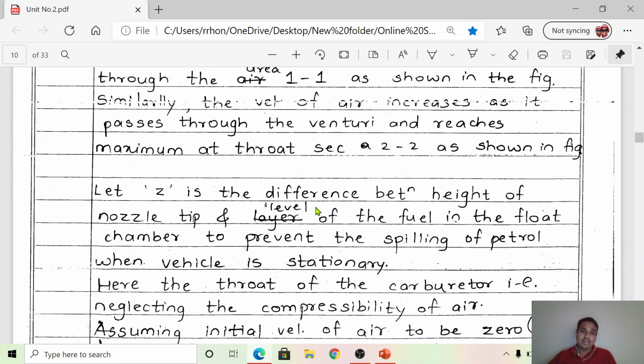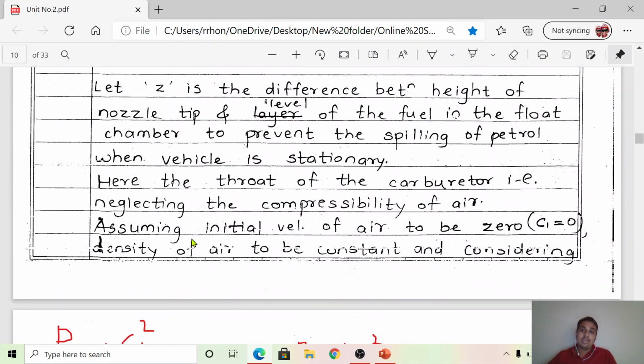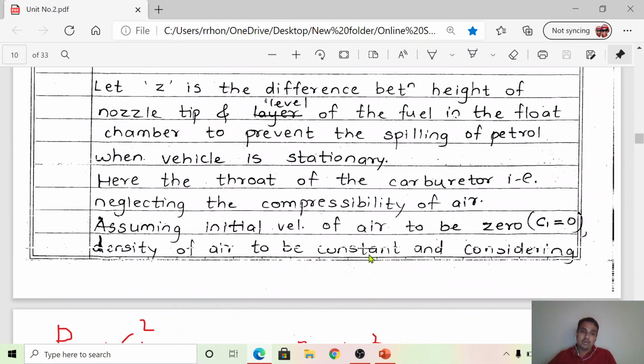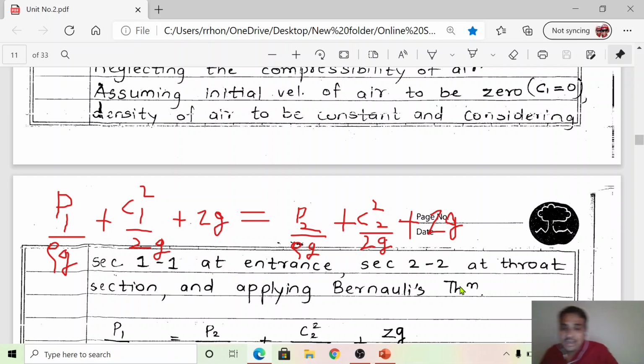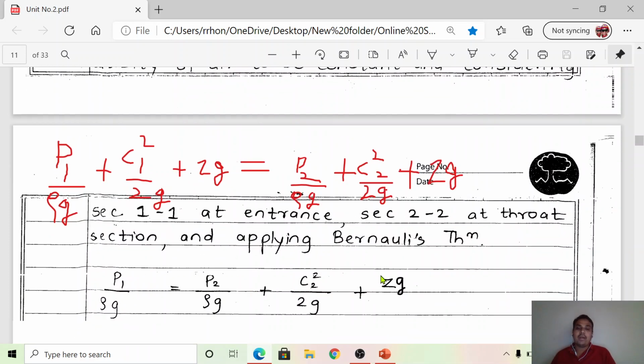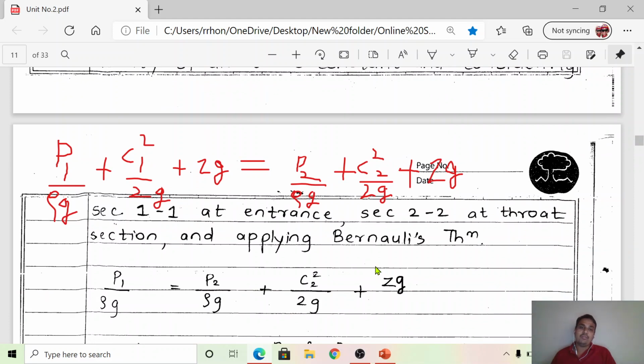That's why we have considered C1 is 0 and the density of air to be constant, considering section 1.1 at entrance and section 2.2 at the throat section. And now we are going to apply Bernoulli's theorem, or Bernoulli's equation. I think all of you know about Bernoulli's theorem, though we know about that, here I have written that theorem.